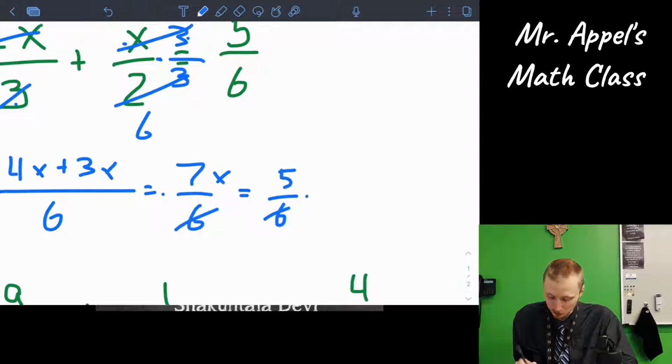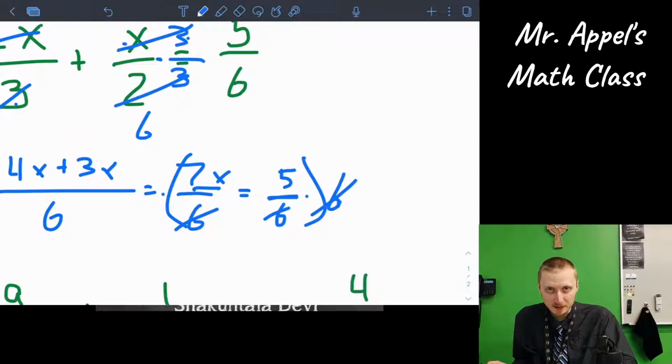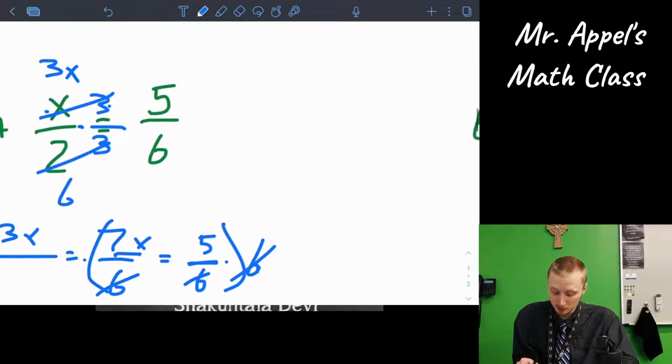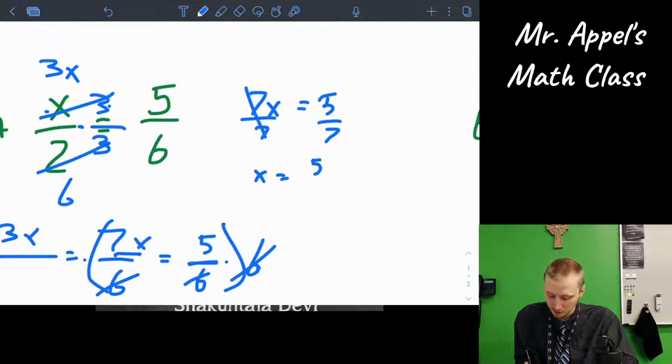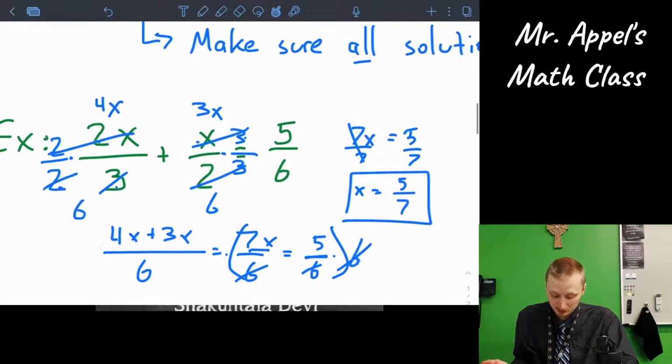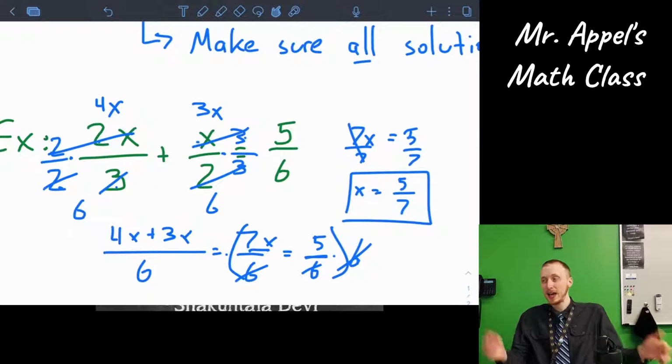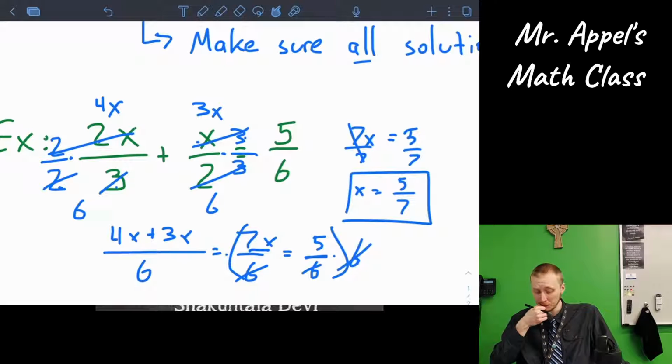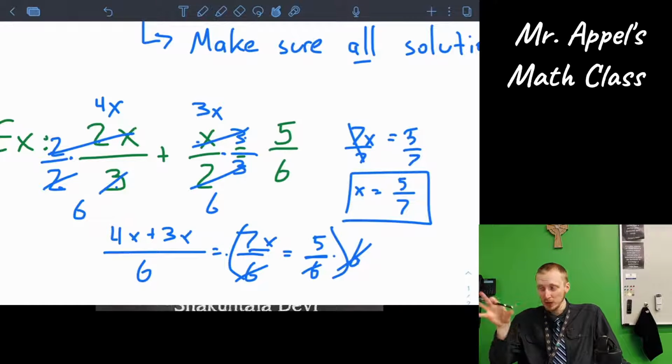Multiply the whole equation by 6 to get rid of that. And now 7x equals 5. So divide both sides by 7, and x equals 5/7. You've done something like that before. Any questions there?